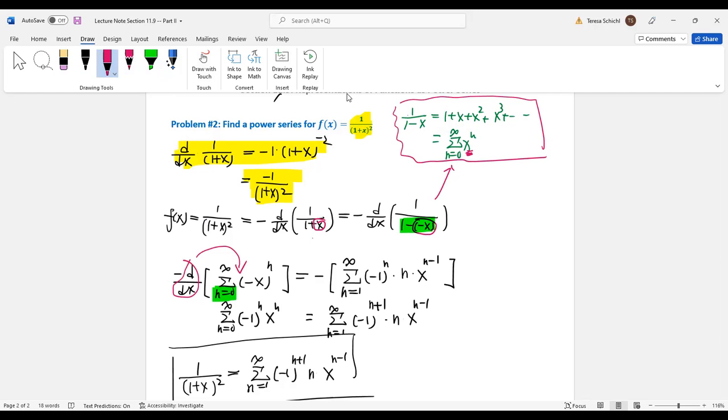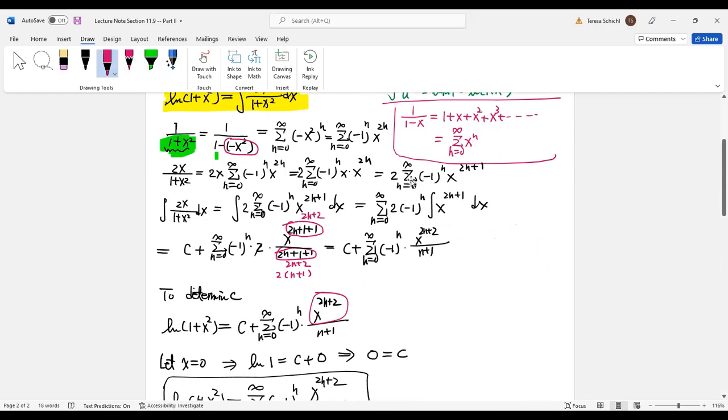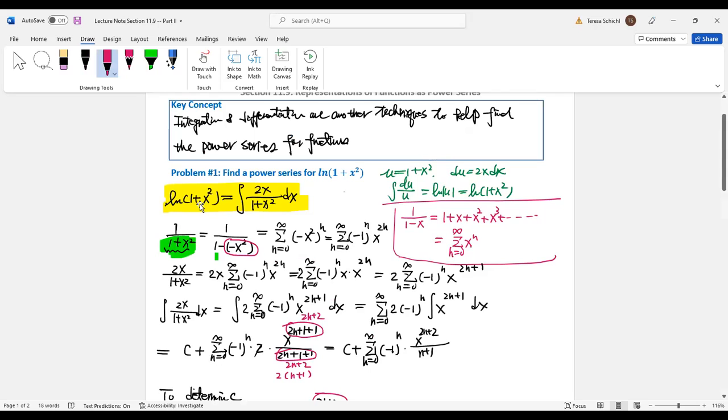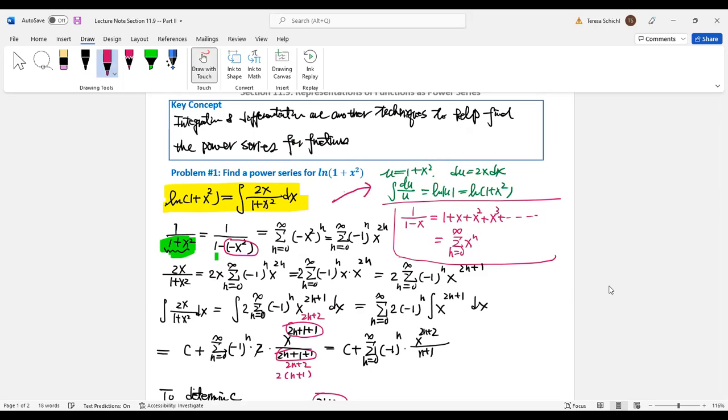Okay, that's it. So we have the two examples. One is how you use integration. Of course, you need to recognize how you got this function by integrating something. Then the function you integrate, you want to manipulate so you can match the rules we have.